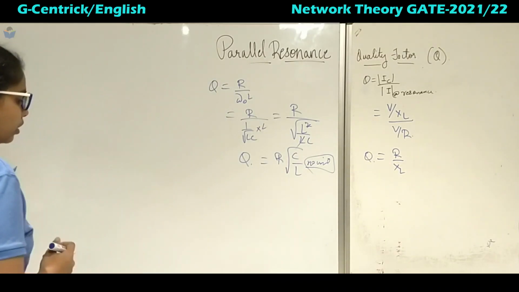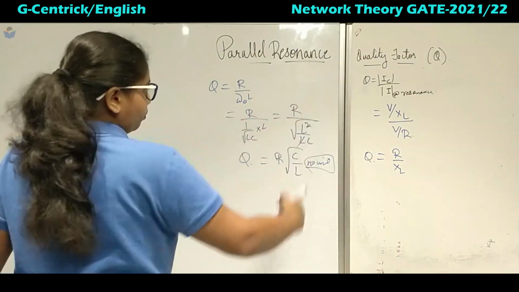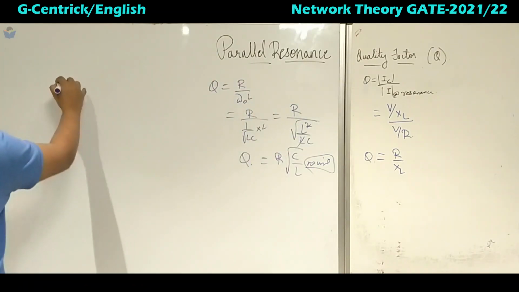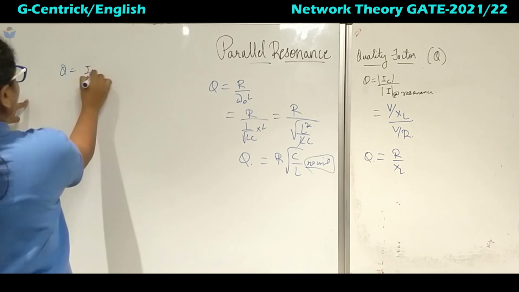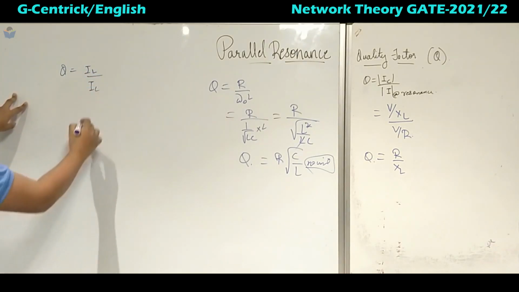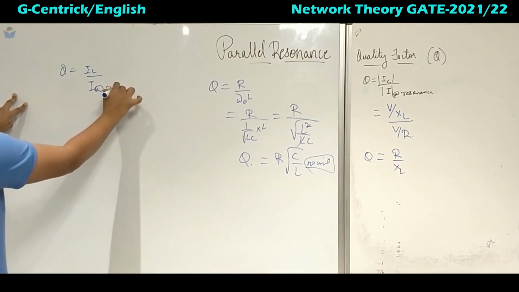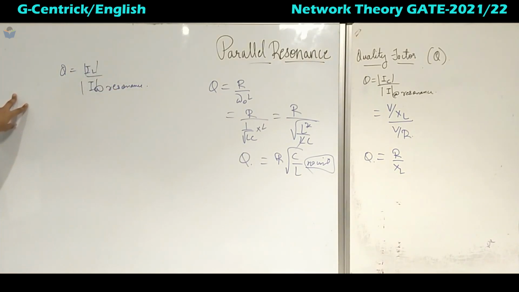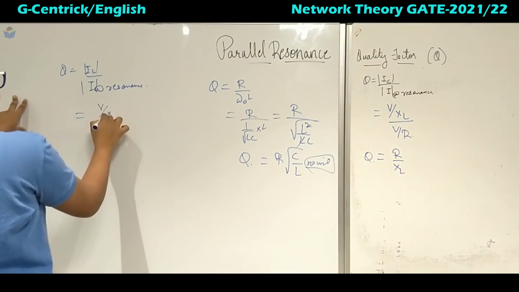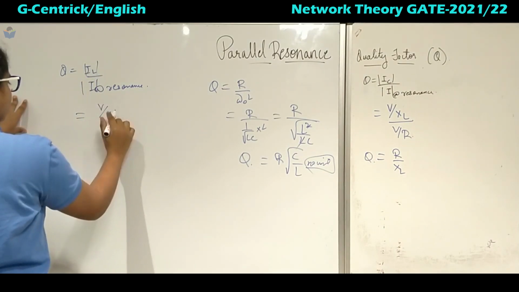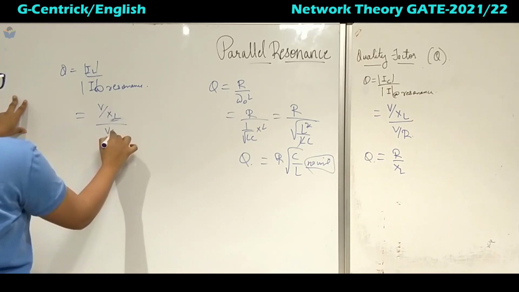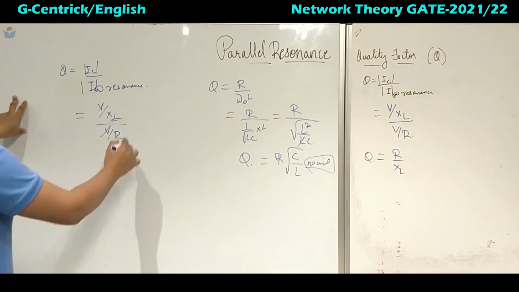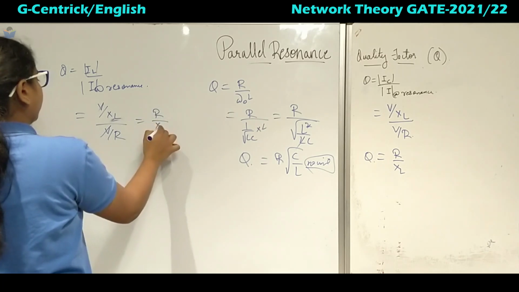Now you have written it for the capacitor; you can write the same thing for the inductor also. At resonance, the same circuit current will be flowing, so it will be a magnitude. IL is nothing but V by XL, and here it will behave as a resistive network at resonance, so it will be R by XL.